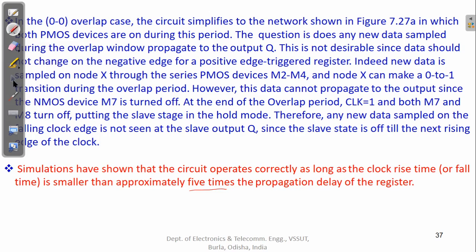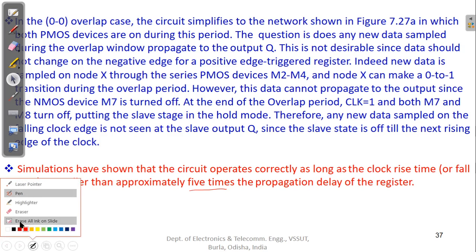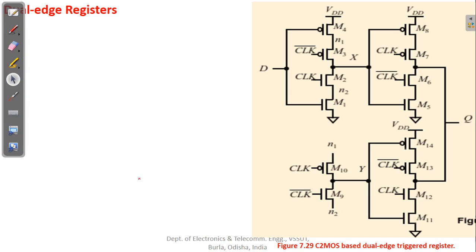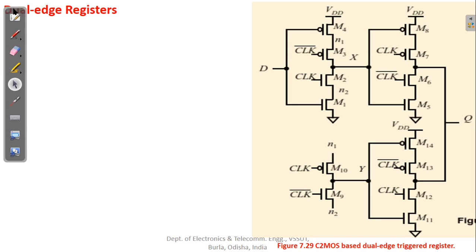Okay. All right, so after looking at these, then there is one more circuit that is known as a dual edge resistor.